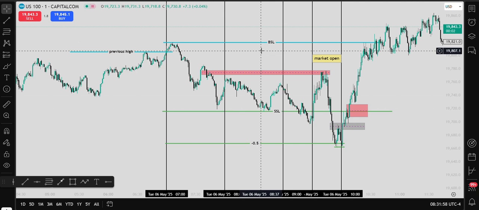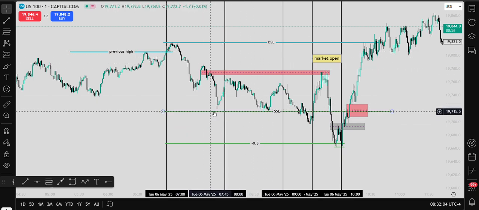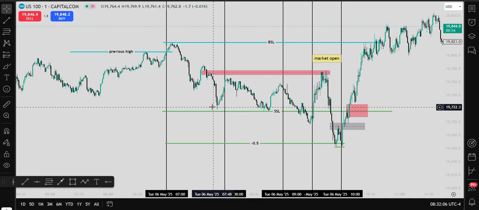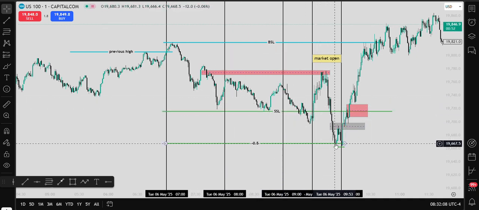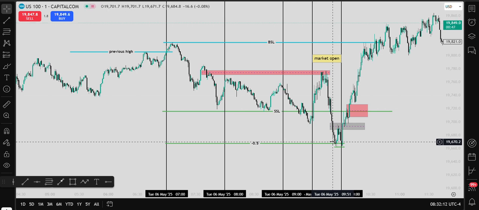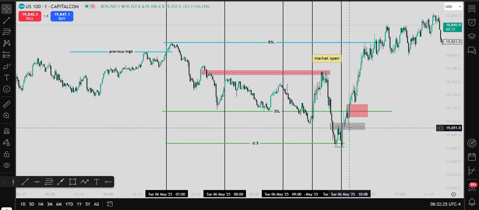We're trying to look for equal highs and equal lows. Once either of them is taken, like these two taken right here at the market open, for confluence, for you to have high probability trades, always check the time before you enter with the price.